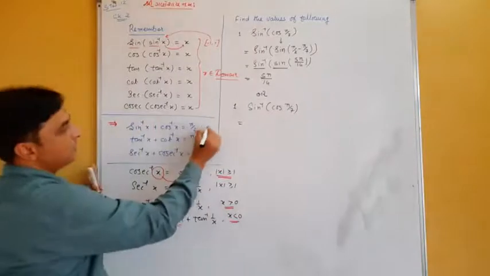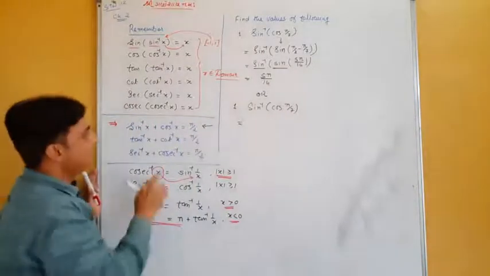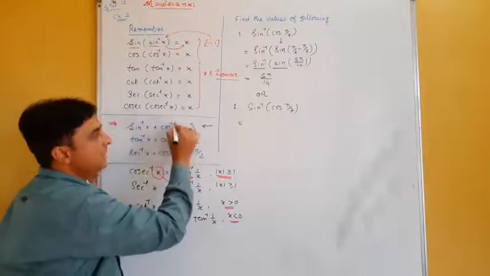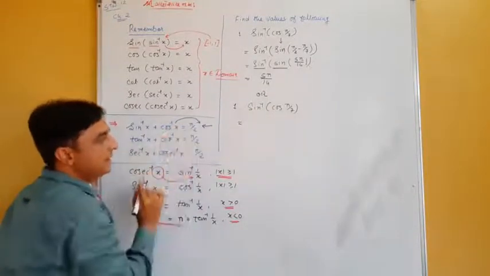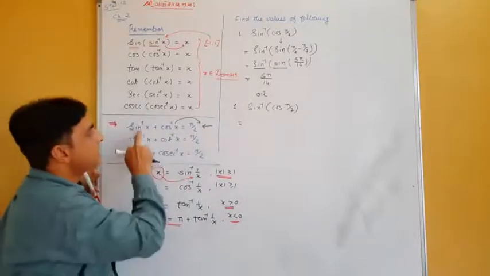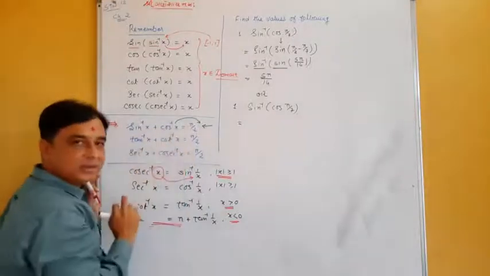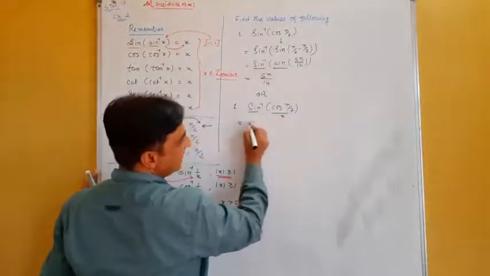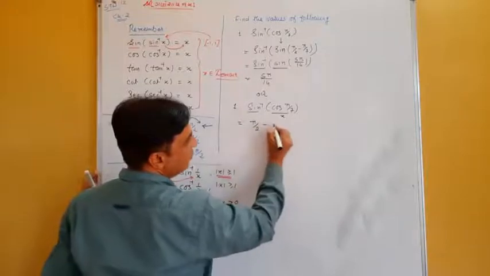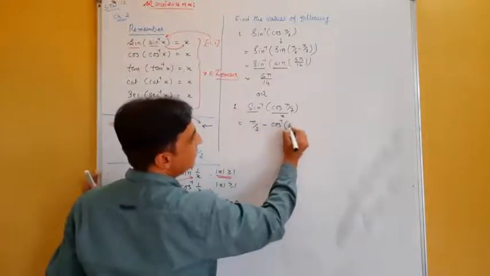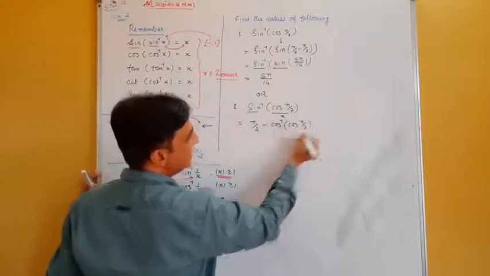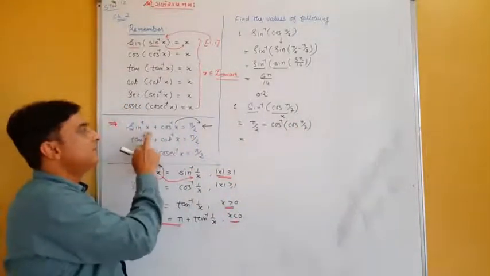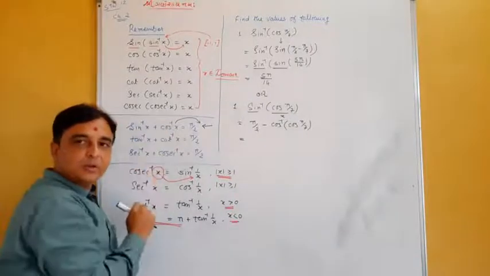Now use this formula: sin inverse x plus cos inverse x equal to pi by 2.